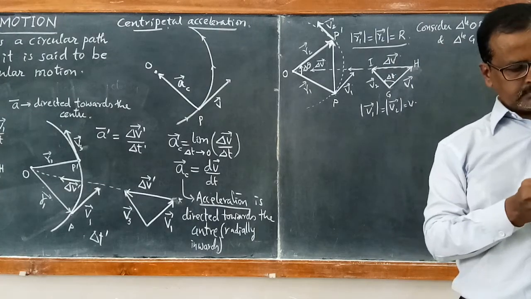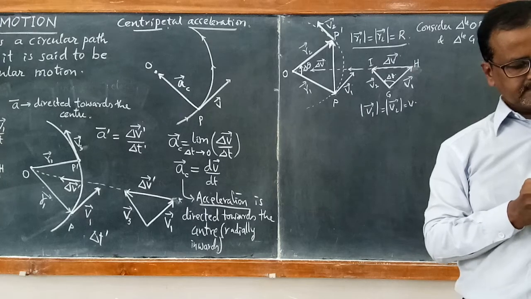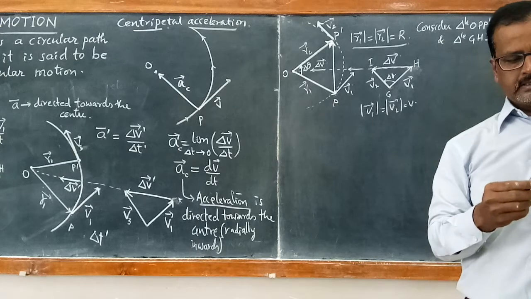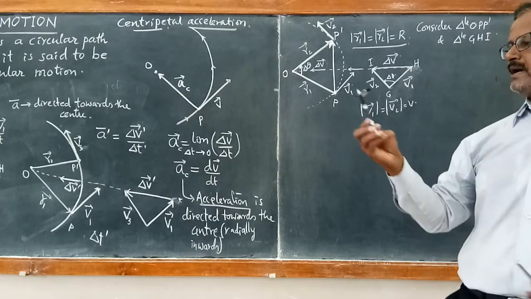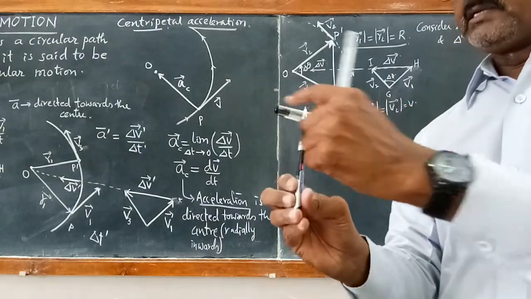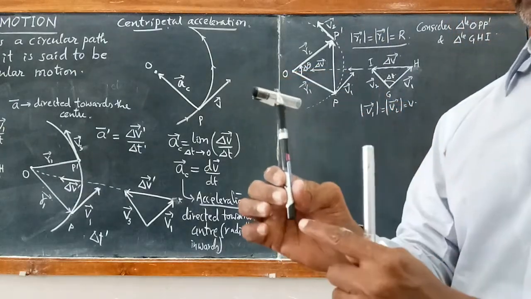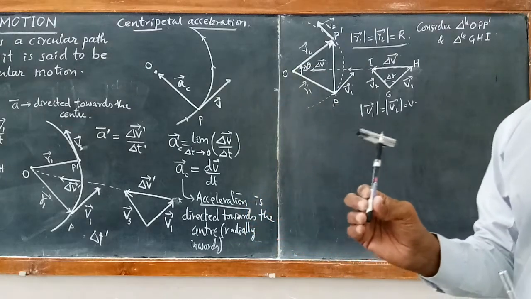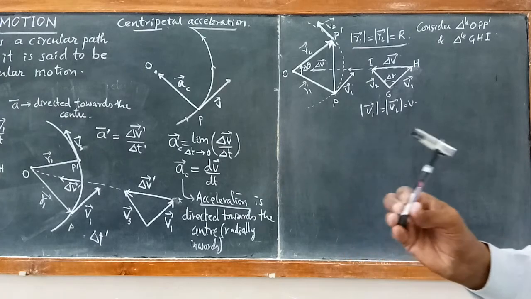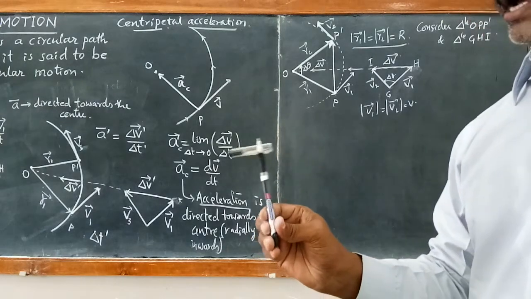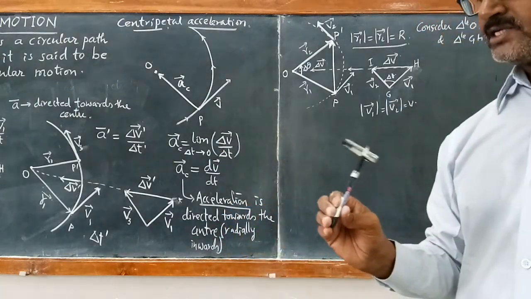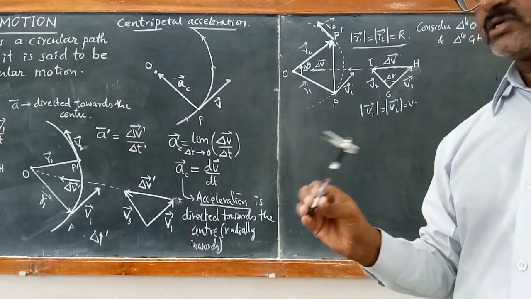You can imagine this is a tangent and this is the radius. If the radius is turned by 60 degrees, is it not the tangent also turned by 60 degrees? If the radius is turned by 90 degrees, the tangent is also turned by 90 degrees.